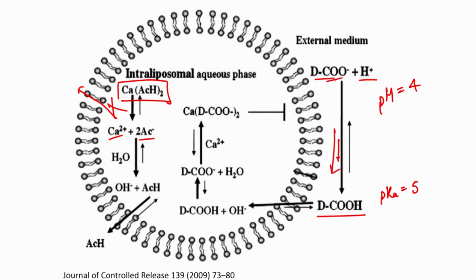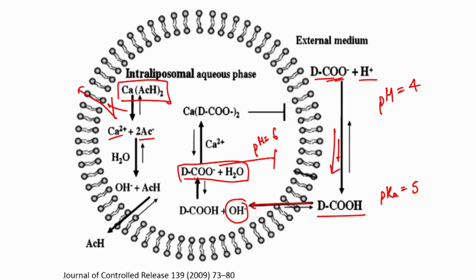There will be very little drug which will be actually charged, most of the drug will be uncharged. Now because this drug is uncharged, it can diffuse through the membrane. Once it goes there, let us say the pH inside is 6. So now once it goes there, it will take up a hydroxyl ion and become charged. Now that the drug is charged, it cannot go out, right.